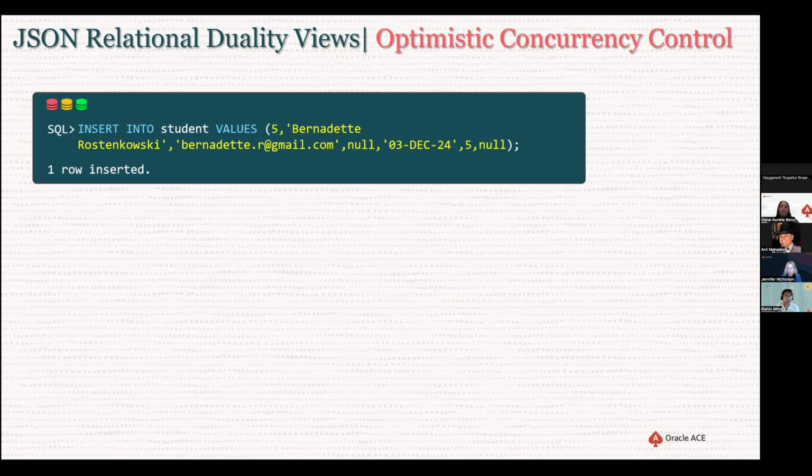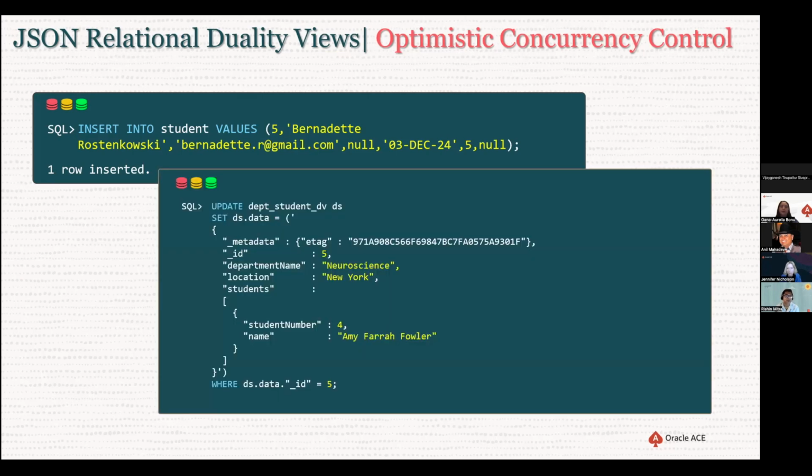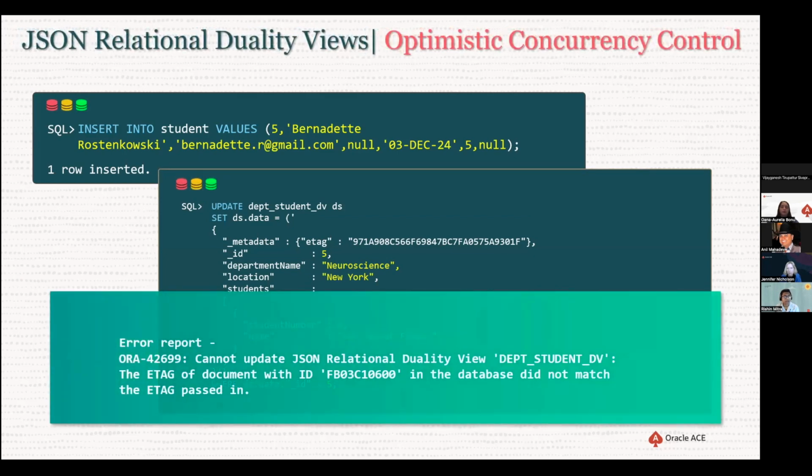We are inserting one record, and then we are trying to update the JSON document using the department student duality view. But if we try to do that, we will get the error saying that the duality view cannot be updated as the value of e tag did not match the database.